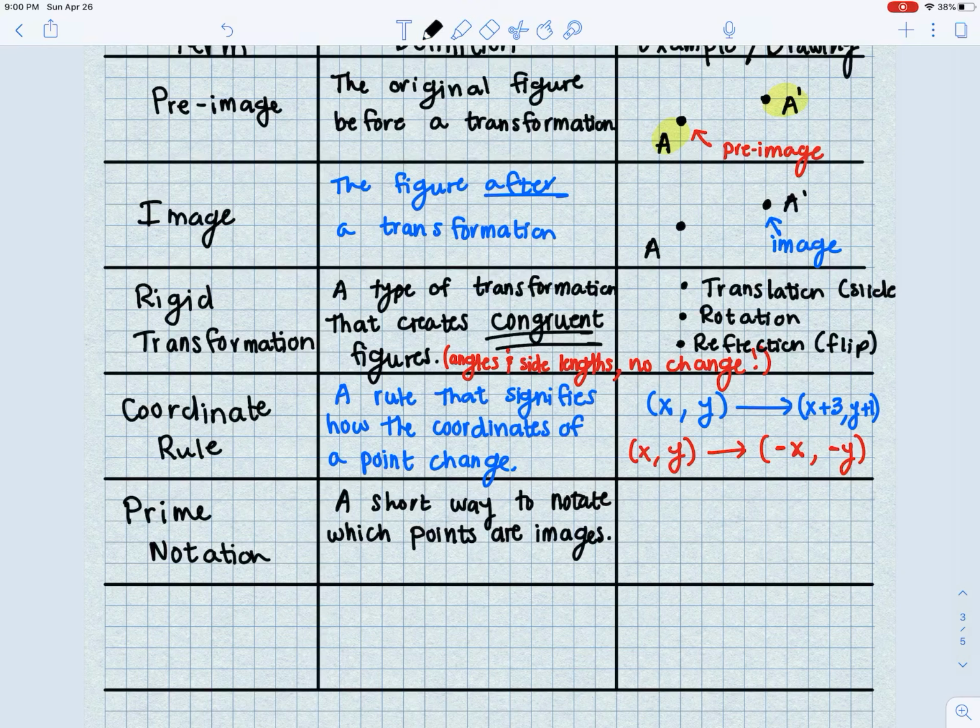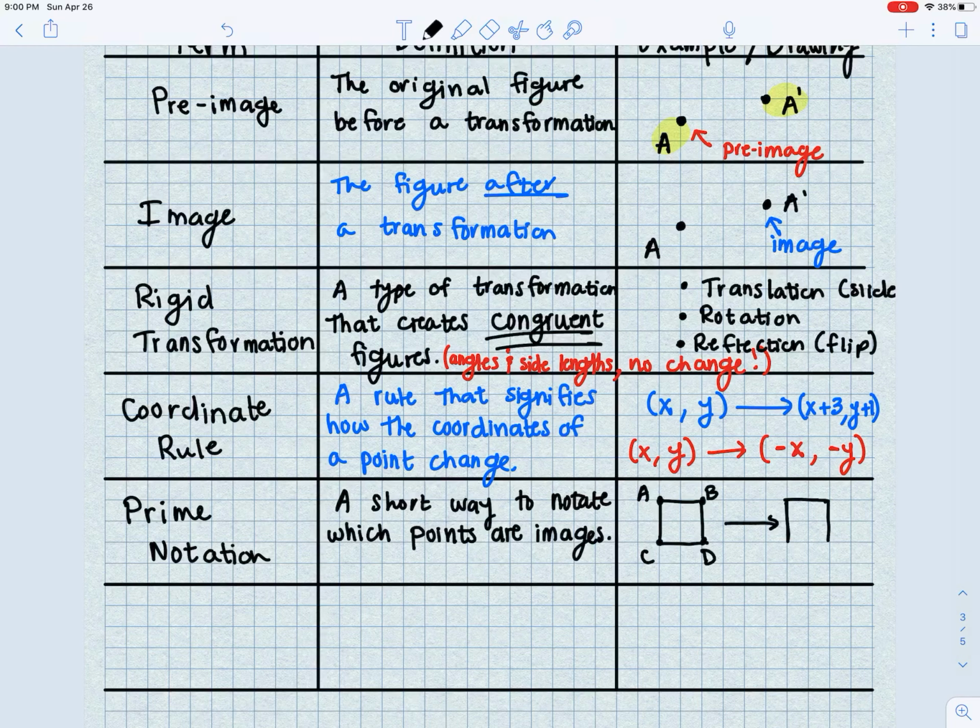So in our example here, actually I'm going to do a shape because we haven't looked at shapes yet. So I have this square. I'm just going to label it A, B, C, D. And let's say I just slid the square to the right 1, 2, 3, 4, 5, 6 places.